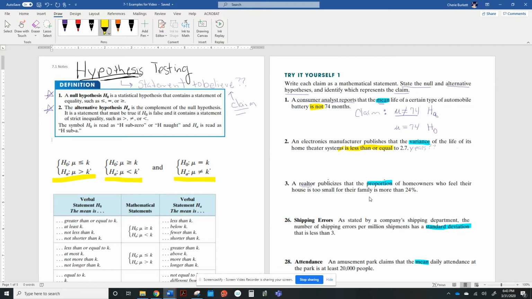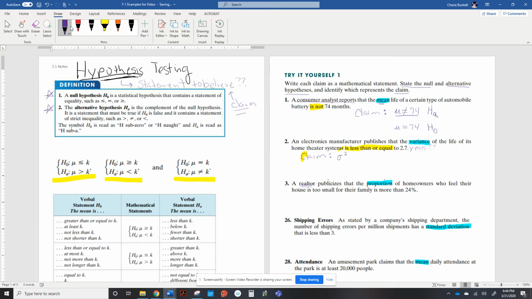So here's what you should have come up with for number 2. Let's write your claim. The claim is always whatever's stated in the problem, and this claim is the variance.